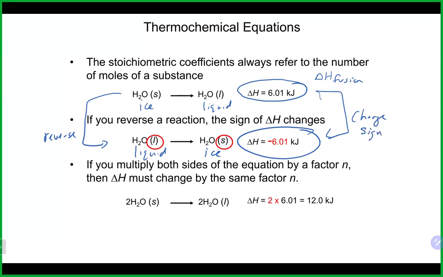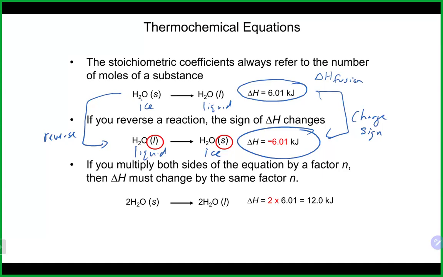If you have a reaction that has a delta H value associated with it, and you reverse the reaction, the sign of the delta H value changes. Why does that happen? It's based on how we calculate delta H: products minus reactants. If you reverse the reaction, your reactants are now your products. The difference is the same, but the sign changes.